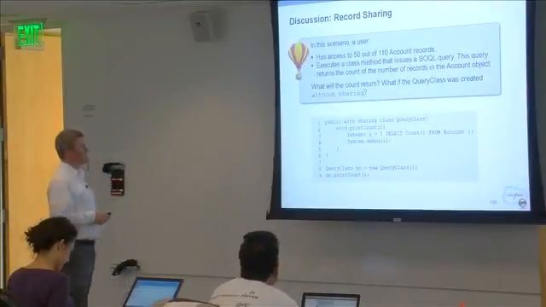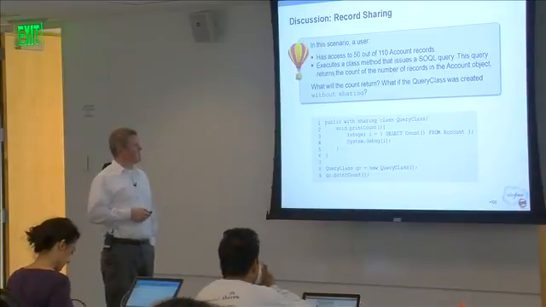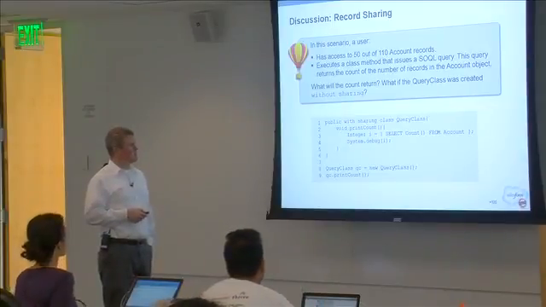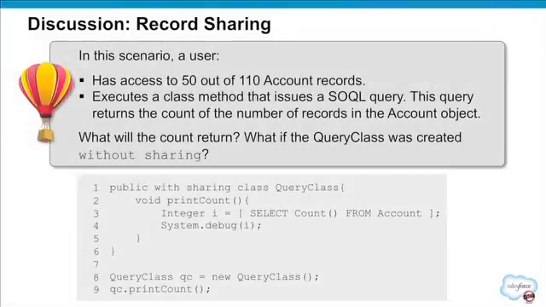If you take a look here, we have some code. It's a class where with sharing is applied. Let me map out this scenario. A user has access to 50 out of the 110 account records. All right? So they can see 50 but not 60.